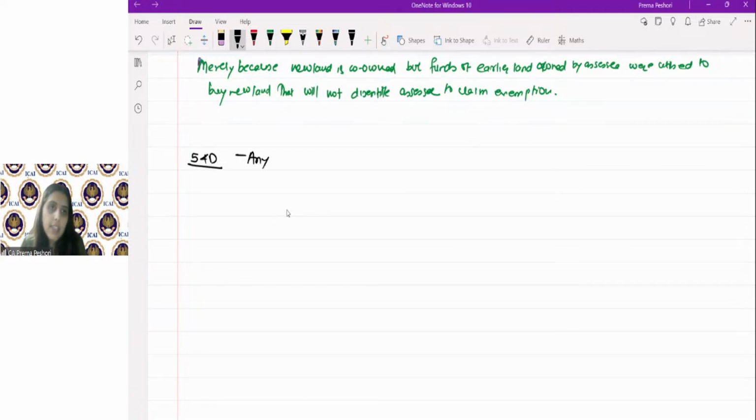This is for any assessee. So there must have been the compulsory acquisition of any land or building or any right in land or building forming part of industrial undertaking, which should have been long-term in nature.